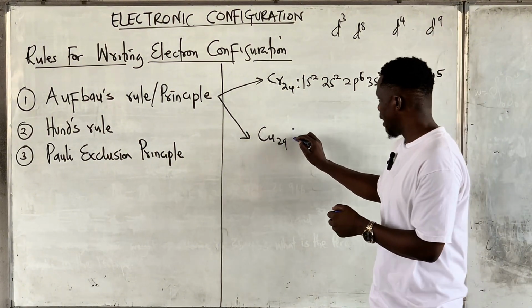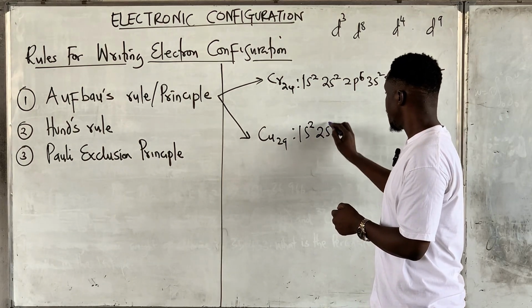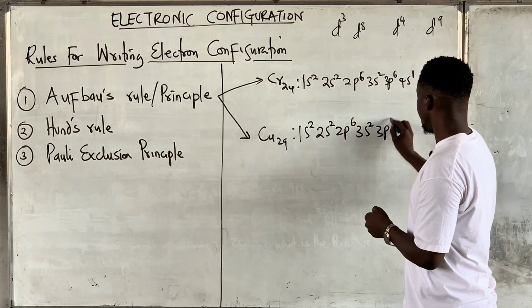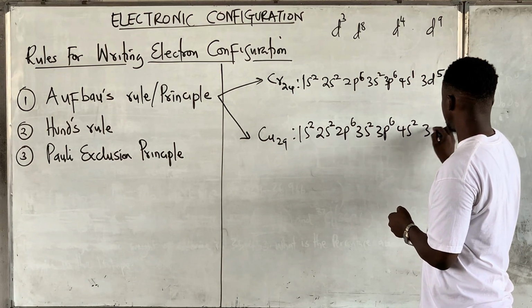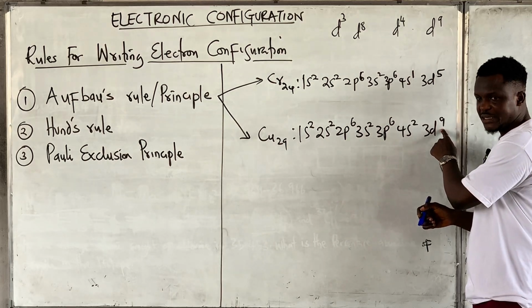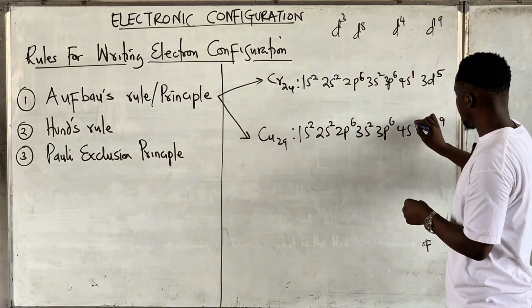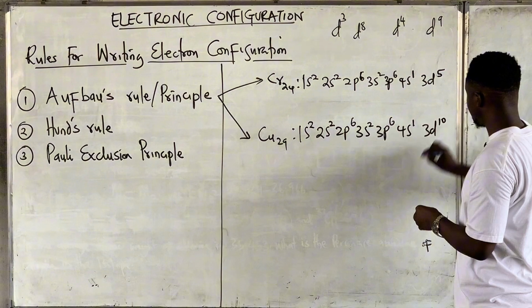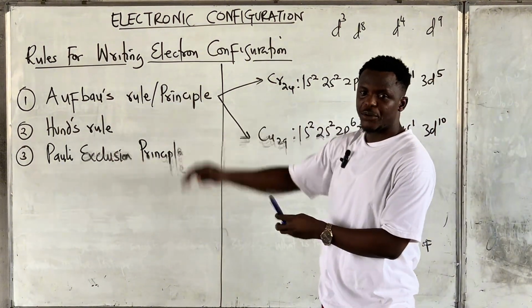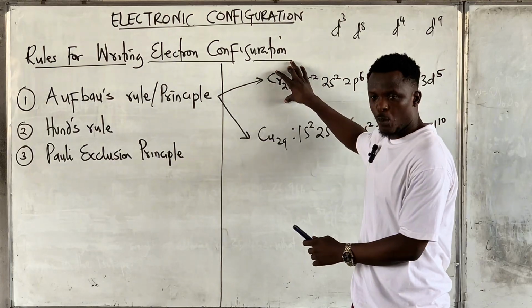So in the case of copper, we have 1s2, 2s2, 2p6, 3s2, 3p6, 4s2, 3d9. Once again, this guy is 1 short of being 10. So it's going to take 1 electron from here and put here. This becomes what? d10. So the 2 exceptions to the Aufbau principle are chromium and what?